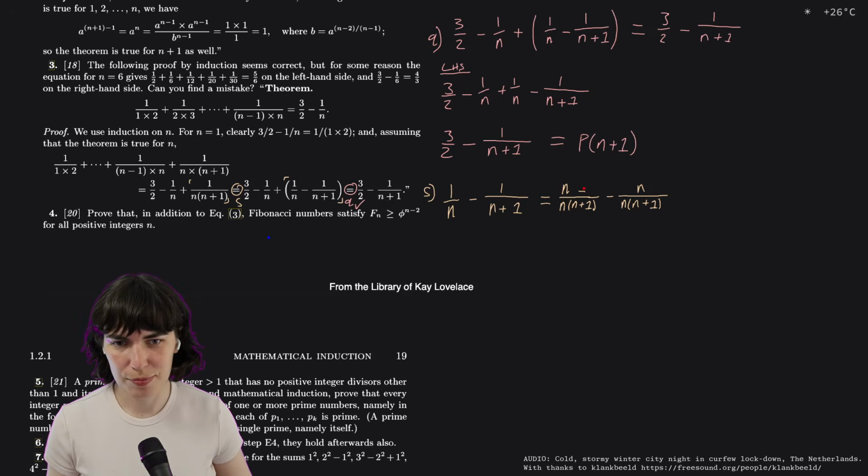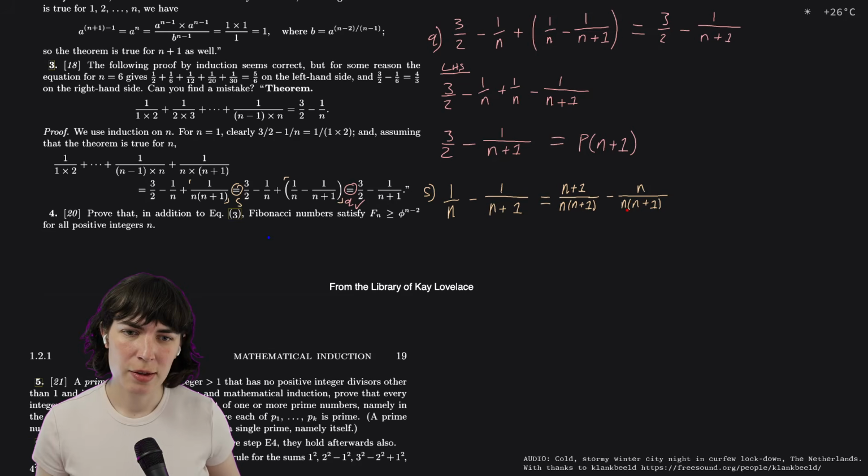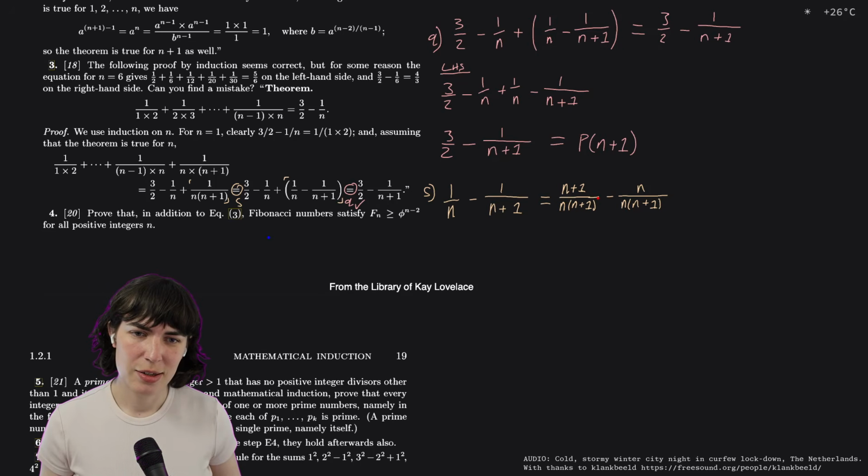Now, given they've got the same term on the bottom, it's quite clear we're going to have 1 on the top because we're going to be subtracting this n away.